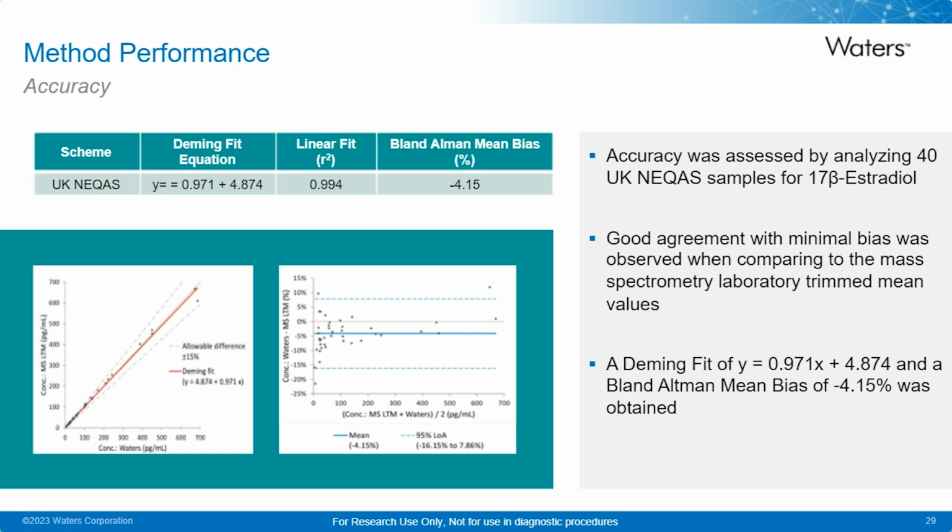We then performed statistical analysis, and our Deming regression analysis demonstrated a really good agreement where we had a Deming fit value of y equals 0.971x plus 4.8, and a Bland-Altman analysis showing a minimal bias of minus 4.1% when comparing to these mass spectrometry laboratory trim means.